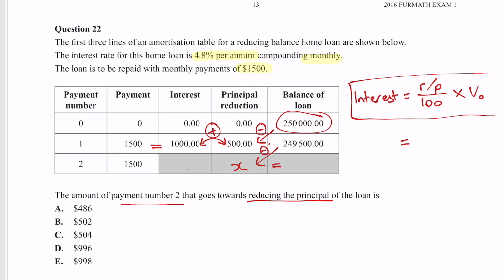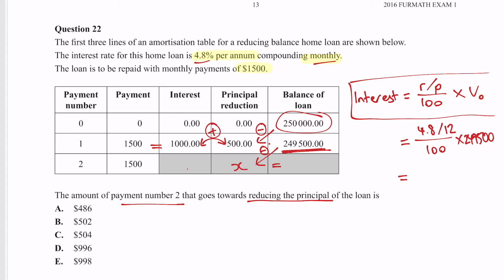Basically our R, as we can see, is 4.8, and it's saying it's compounding monthly, so that's our period. P is the period, 12. So interest is 4.8 divided by 12 over 100 times V0, which is 249,500. Now V0 is 249,500 because this is the initial value that we're using to find this.